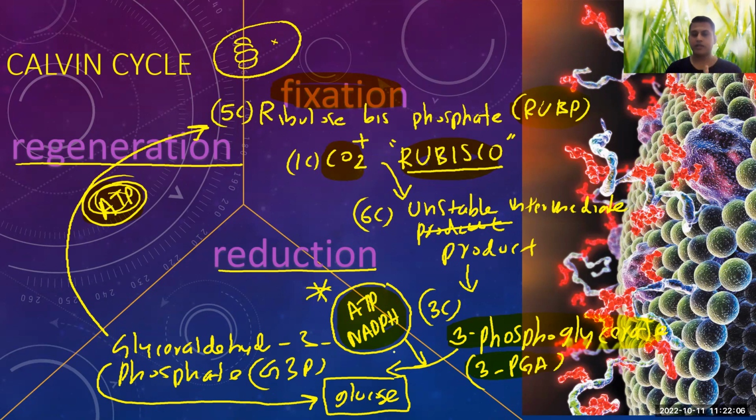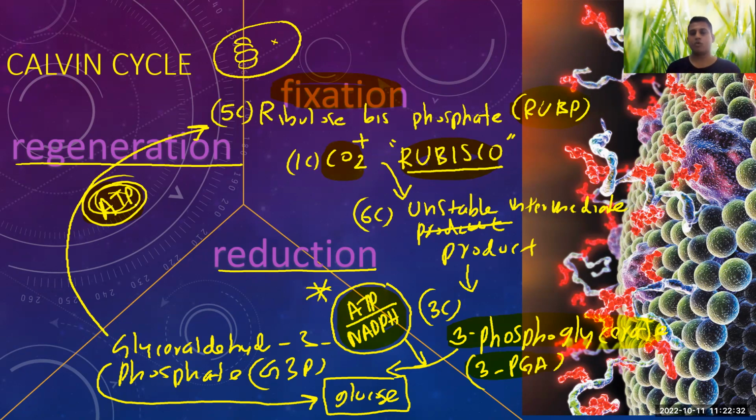Details like that are not required. The only important things to remember are the reactant ribulose bisphosphate, the enzyme, 3-phosphoglycerate converted into glyceraldehyde 3-phosphate, recycling back to ribulose bisphosphate, and ATP and NADPH required from the light dependent reaction.